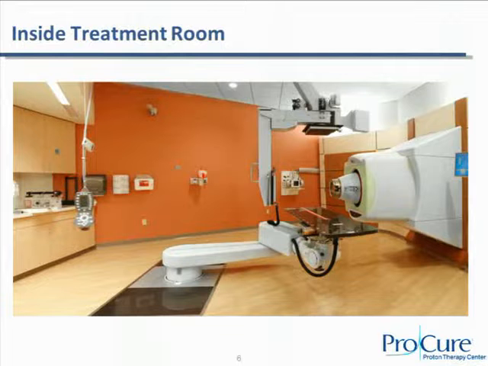If we get a panoramic view of one of the treatment rooms, and we'll pick the fixed beam room for simplicity, you can see that there are major components here that are different. There are similarities to X-ray treatment rooms, but the major differences are obviously in the beam collimation system and beam delivery system here.